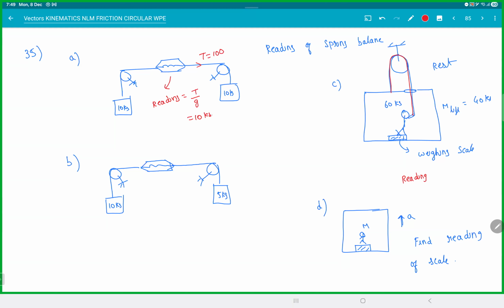What about this guy? 10 and 5 kg. What will that show? That would be a good Mains question.